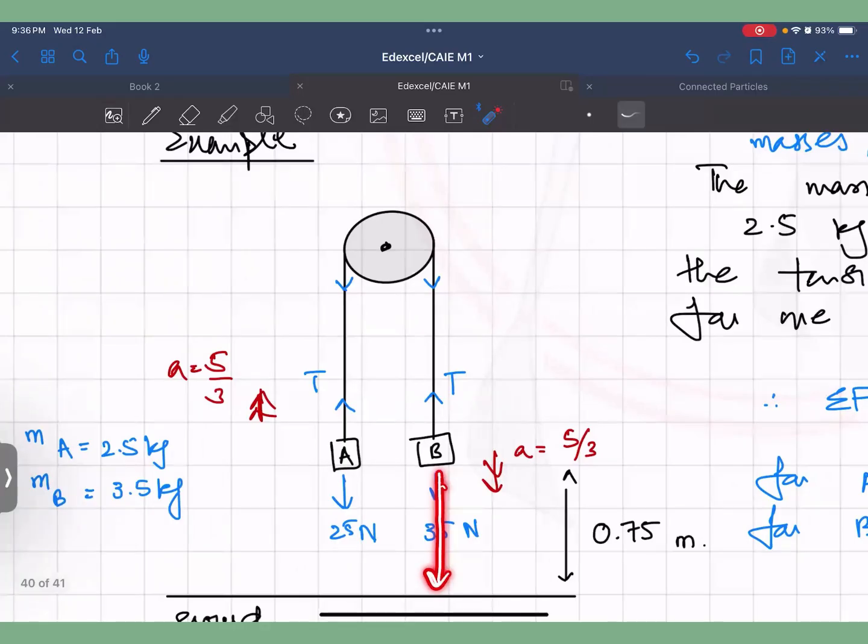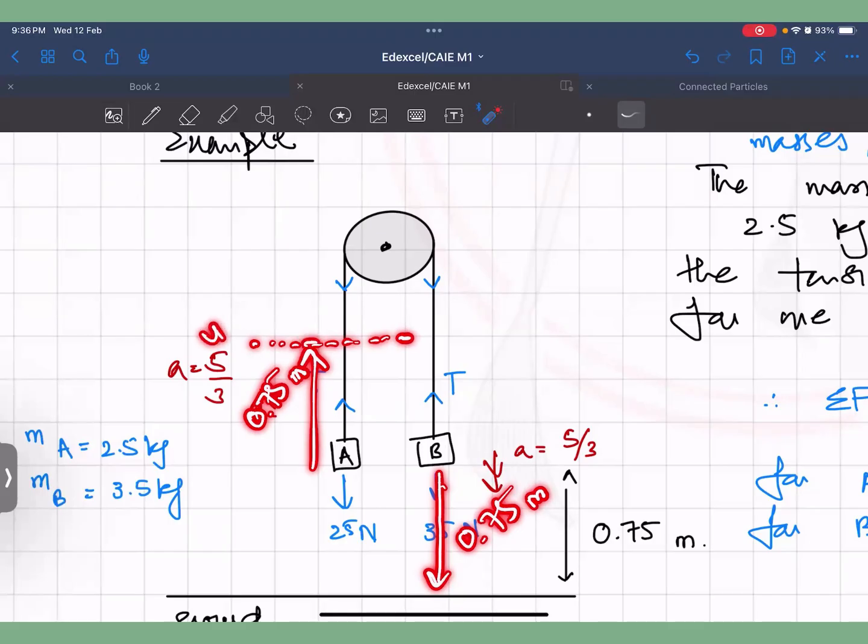This is 0.75 meters. Okay, and definitely this would also move 0.75 meter, because as long as it had not reached the ground, they were connected. Now this is the distance that A has traveled. Once B has landed on the ground, A would have some velocity over here, right? Because of that velocity, it would have taken it slightly higher, and at that point the string would become slack, because now the tension would become 0.